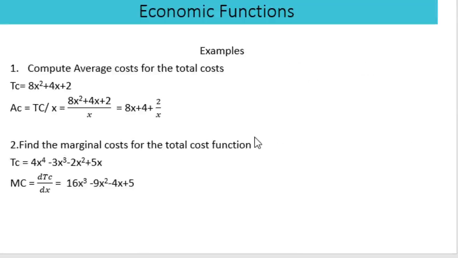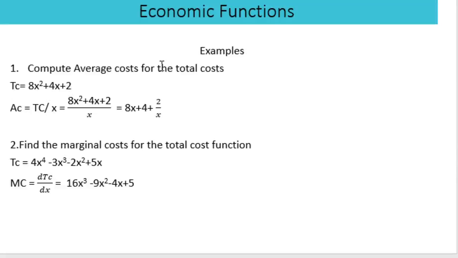The second example is to compute the average cost for the total cost function given as TC equal to 8x square plus 4x plus 2. This is the total cost function.